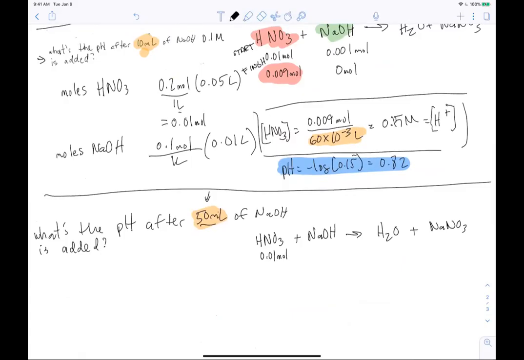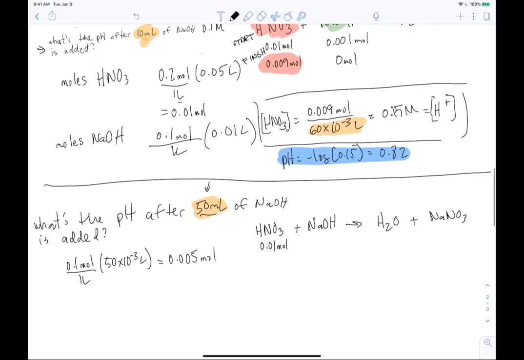Now we need to figure out how much sodium hydroxide is included in 50 milliliters. And we come out with 0.005 moles.